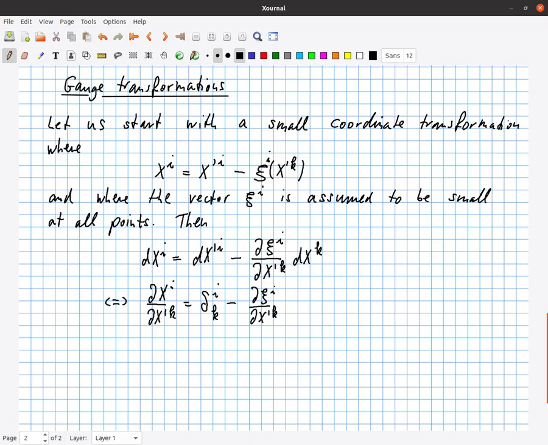These guys here are our standard transformation matrices, if you so like.